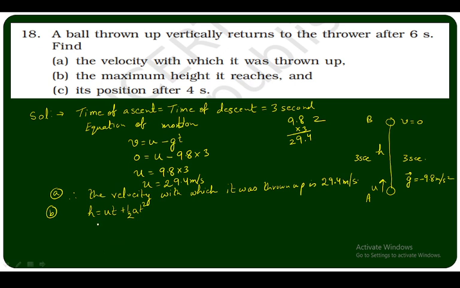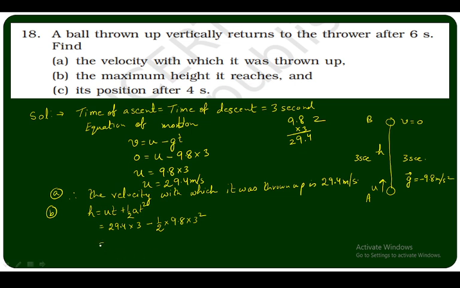Therefore, u is 29.4, and from here to here the time is 3 seconds, into 3. It is minus g since it is going up, acceleration is downward, therefore minus 1 by 2, g is 9.8, and t square is 3 square.